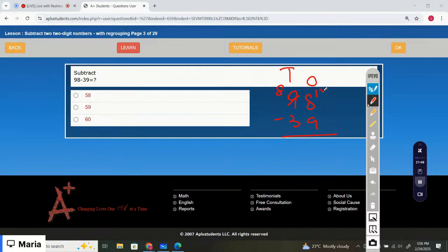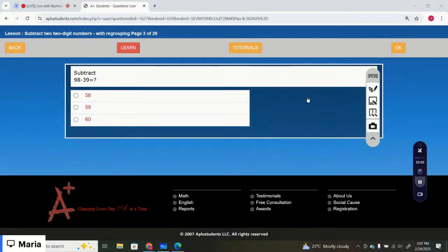Here you are left with 8 and the borrow makes it 18. 18 take away 9 is 9 and 8 take away 3 is 5. That is 59. Option number 2 is the correct option.